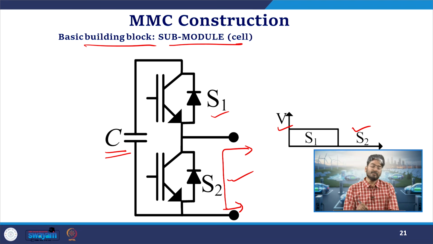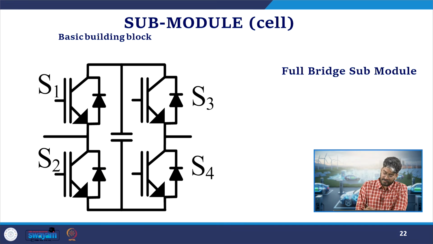This submodule, where we get positive or 0 voltage, is called a unipolar submodule. We have various types of unipolar submodule. The simplest one is called the half bridge submodule. The next is our full bridge submodule, where we have two legs and one capacitor at the DC source. Here we have S1, S2, S3, S4.